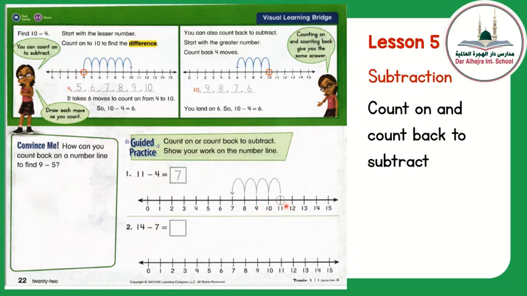I will start from 11 and the smaller number will tell me the number of jumps. I'm not going to go to number 4. In the count back method, the smaller number tells us the number of jumps. So I'll make 1, 2, 3, 4 jumps. Then I'll see where I have reached. That's the number I'm going to write as an answer. So these were the count on and count back methods we studied in lesson number 5.